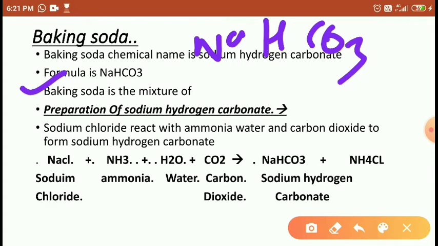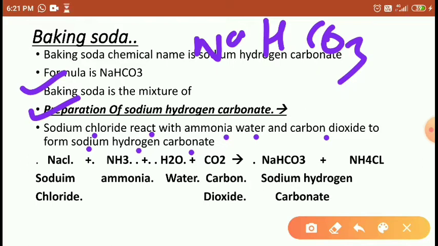First we are going for preparation. The preparation of sodium hydrogen carbonate, students. Sodium chloride reacts with ammonia, water and carbon dioxide to form sodium hydrogen carbonate. Right students?